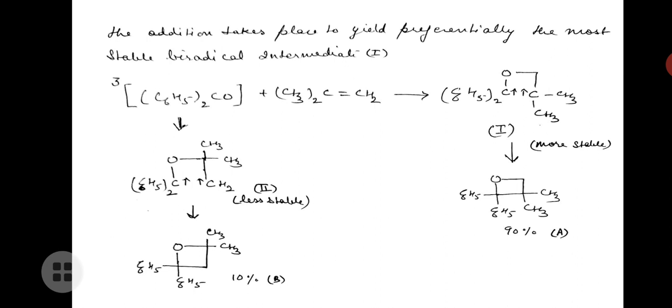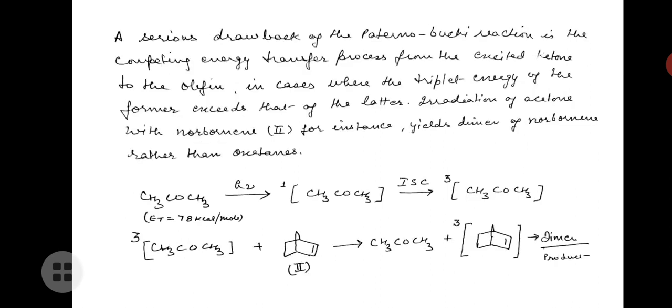A serious drawback of the Paterno-Buchi reaction is the competing energy transfer process from the excited ketone to the olefin, in cases where the triplet energy of the former exceeds that of the latter.